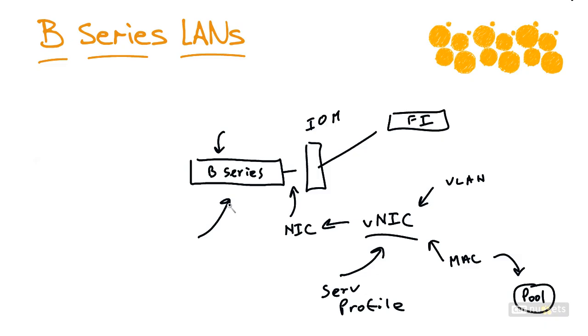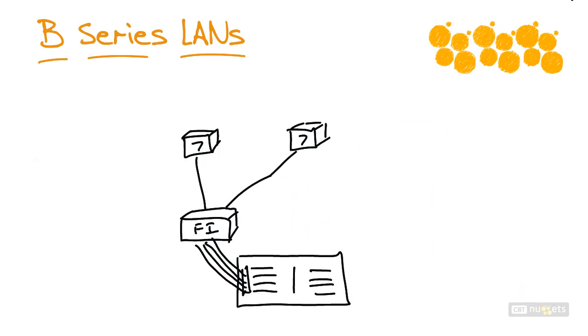So we'll be getting into much greater detail about all this virtualization in our B series environment later on in this course, but I just wanted to set the stage here for you since we're focusing on the LANs, so we can think about the VLAN assignment and the virtualized MAC address that'll be placed on our virtual network interface card.